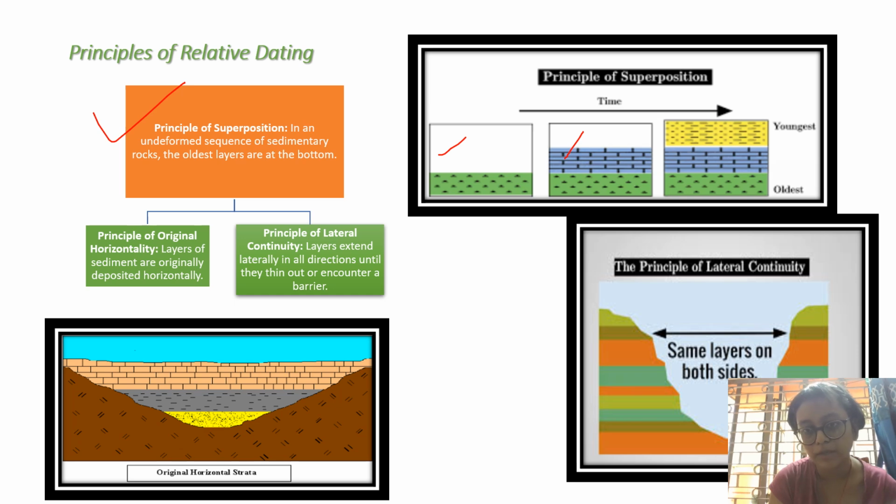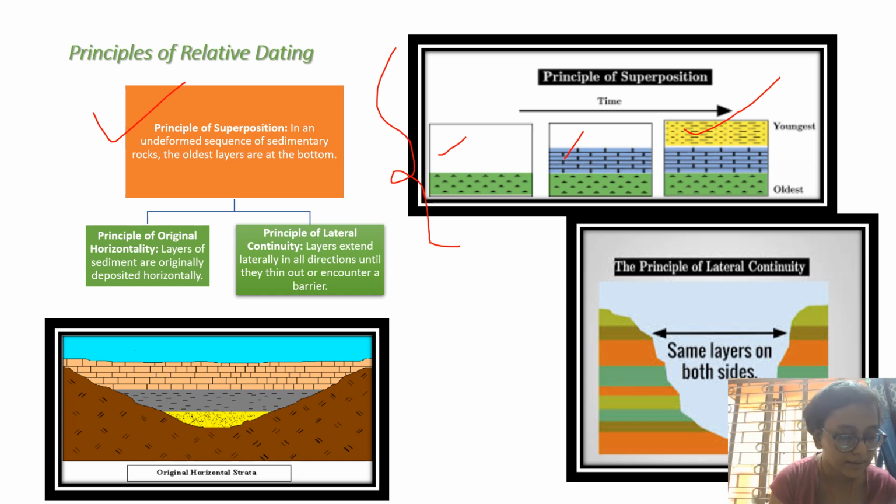This is the blue one, the moderate one, and this yellow one is the youngest. So the law of superimposition indicates that the earliest or oldest layer should be at the bottom, and the youngest sediment or strata should be on the top. This is the main concept of the principle of superimposition.